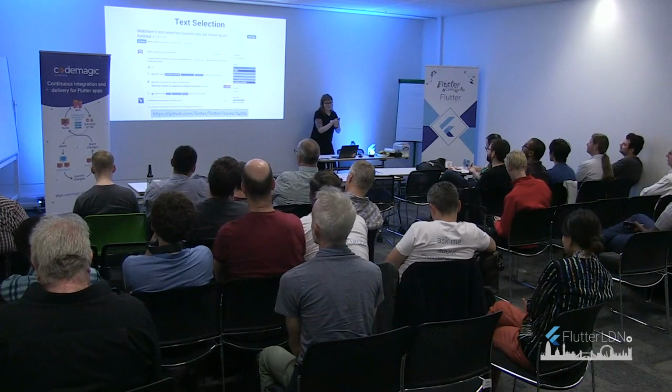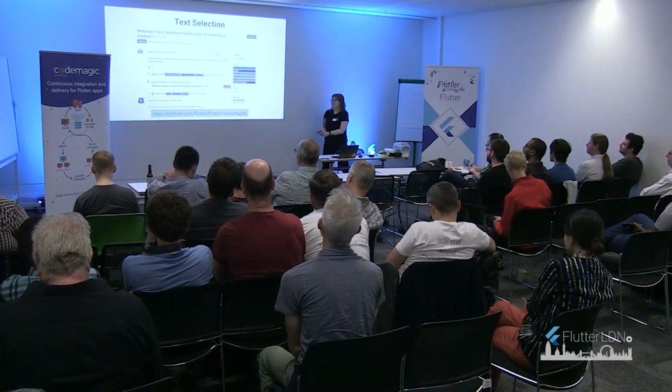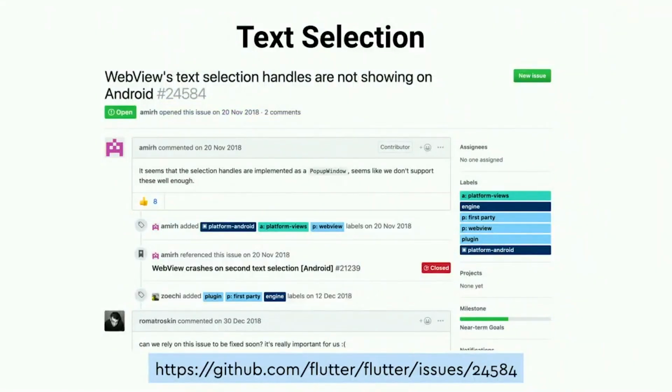Another issue is with text selection. You know that on Android, on iOS it works similarly. When you select some text, you have some handles on top for copy, paste, whatever. Those are not being shown on Android. So what they've done is basically override the long press gesture and do nothing.